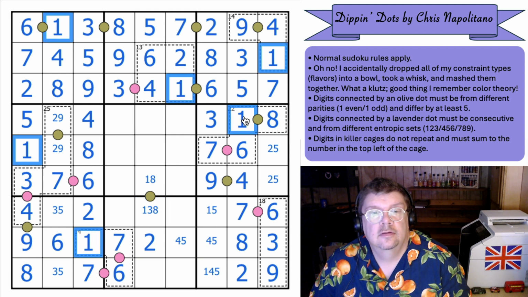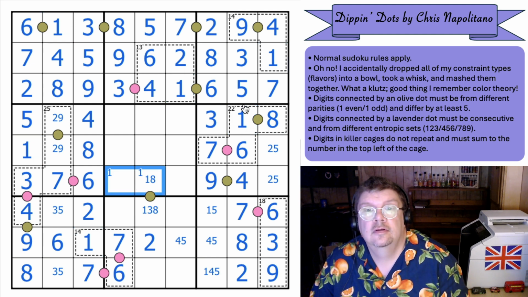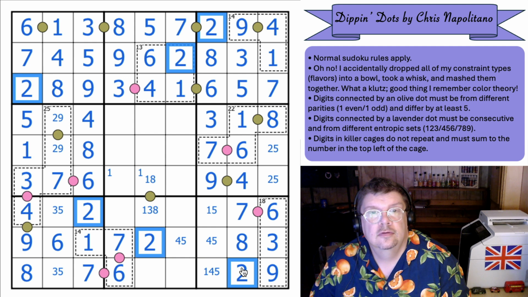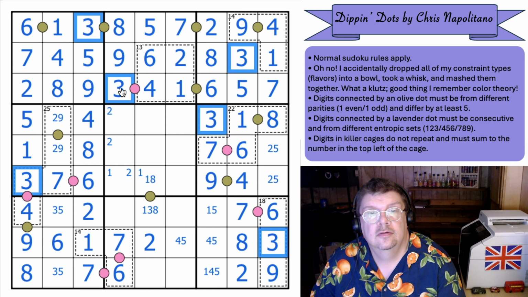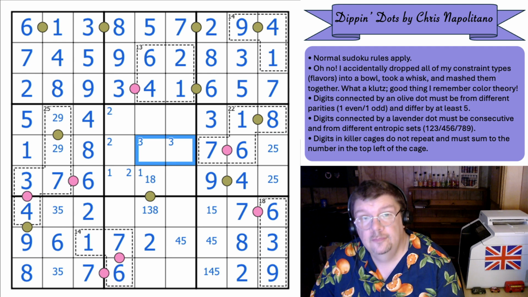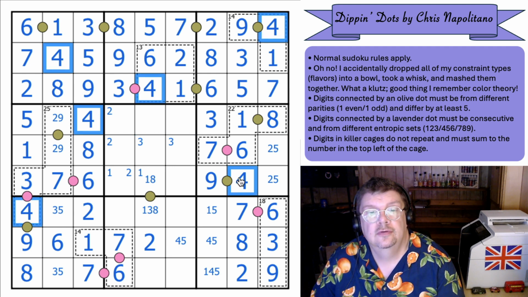Let's have a look at ones. 1 is in one of these two in this box. 2's. 2's in one of these 3. 3's. 3's in one of these 2. 4's. 4 is in one of these 2.